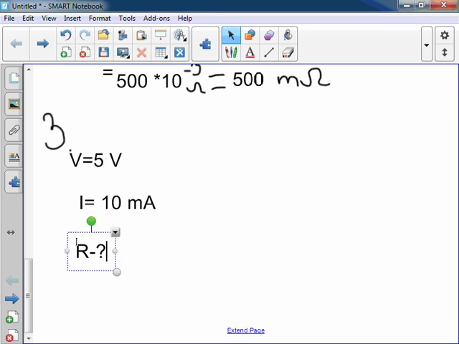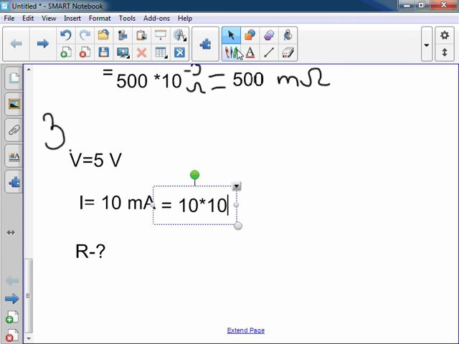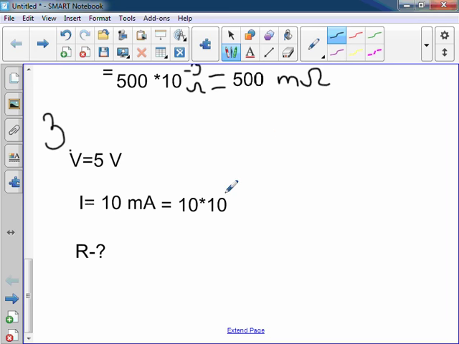I have to convert it to amps. So I'm going to go ahead and do that. So this equals 10 times 10 to the negative 3 amps.